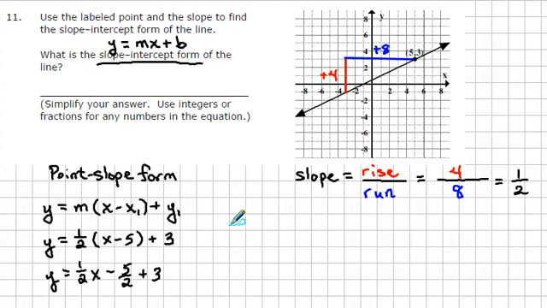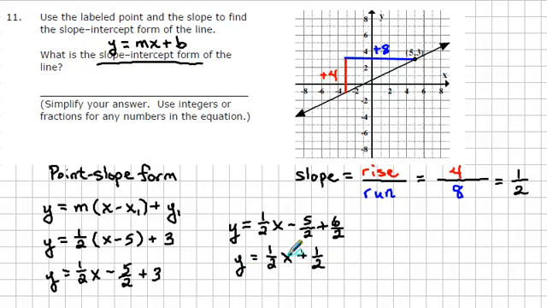So we have y is equal to 1/2 x minus 5/2 plus, and in order to combine these two constants we need to have a common denominator. So 3 is the same as 6 divided by 2. And negative 5/2 plus 6/2 is 1/2. So y is equal to 1/2 x plus 1/2.